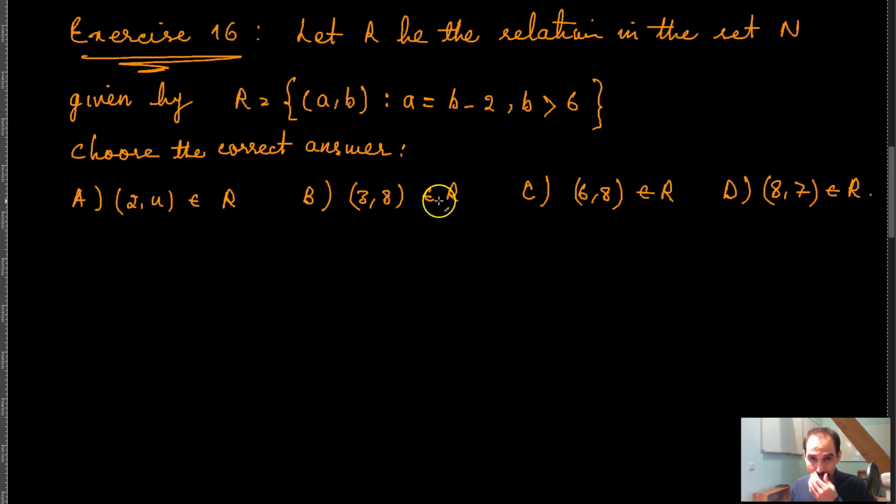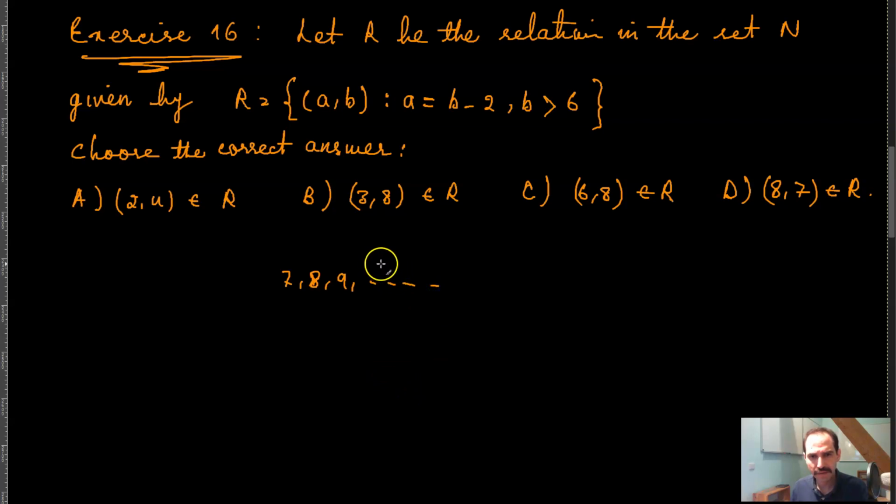So what that means is that the values for B have to be greater than 6, meaning that the values of B are 7, 8, 9, and so on and so forth, all the way up to infinity.